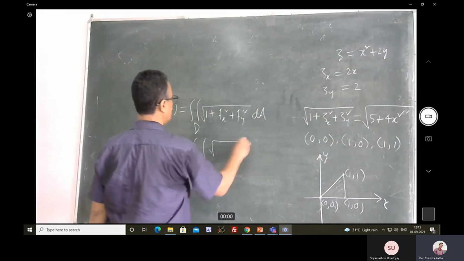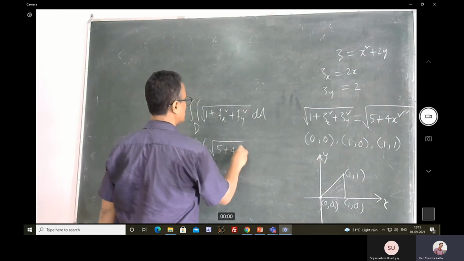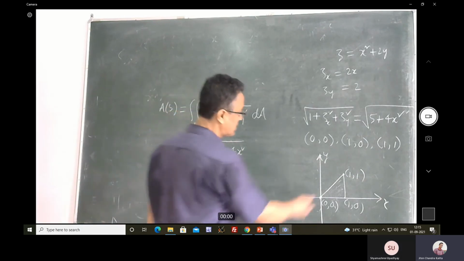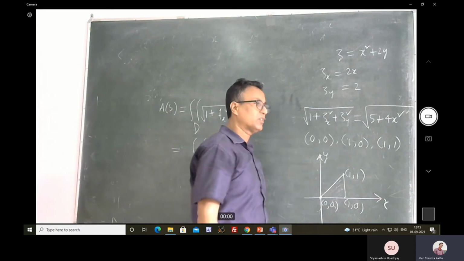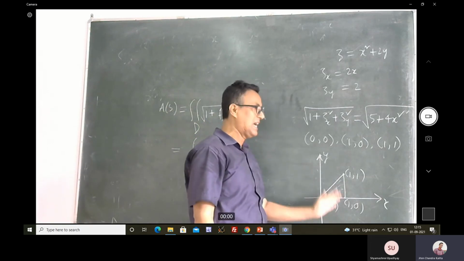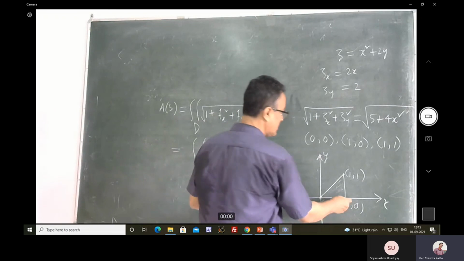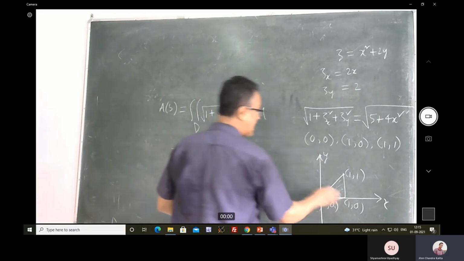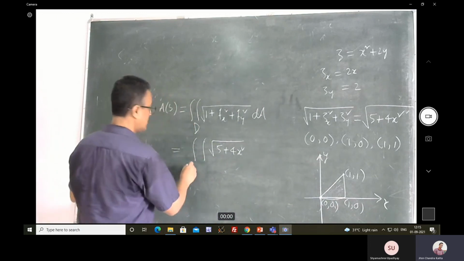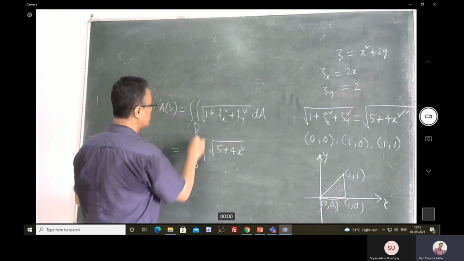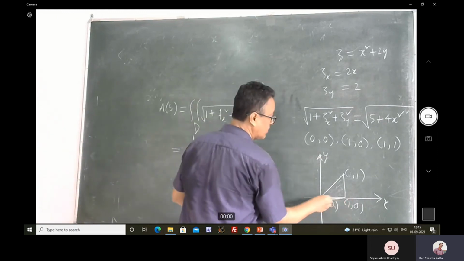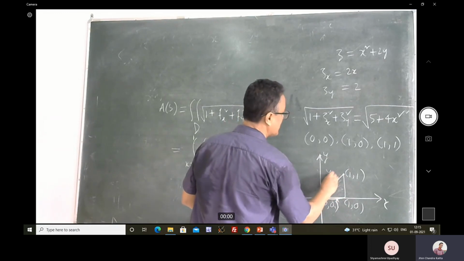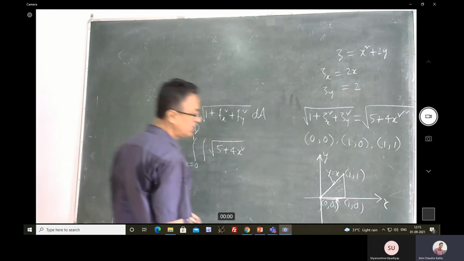This we have already found out: 5 plus 4x squared. Now let us concentrate on the region. See, this region is such that you can consider it as both a type 1 and type 2 region. If I consider it as a type 1 region, then x goes from 0 to 1 and y goes from bottom to top, and this line is definitely y equal to x, isn't it?